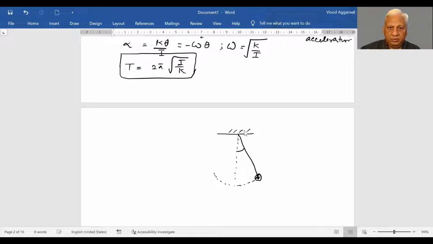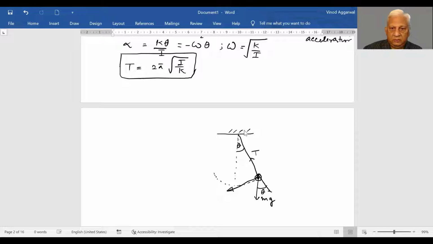Now let us suppose this is theta angle. Then what are the forces acting on this pendulum system? One is the weight of the body, another is the tension. Now if we resolve this weight into two components, one is in line with T and another is perpendicular to T. This is again theta.